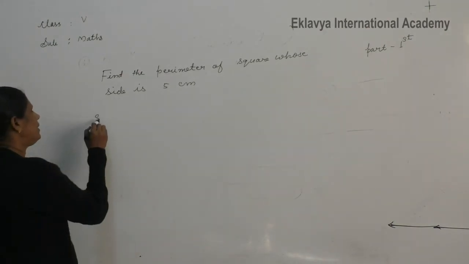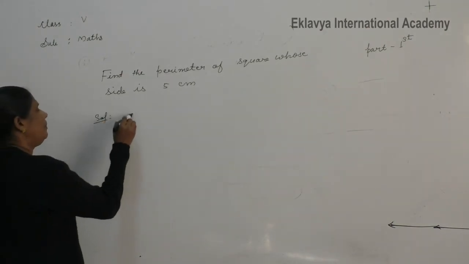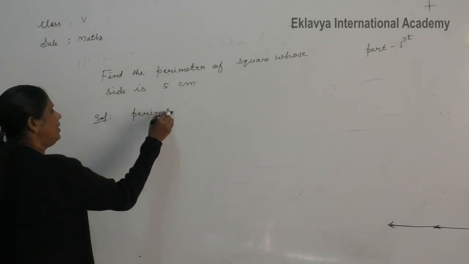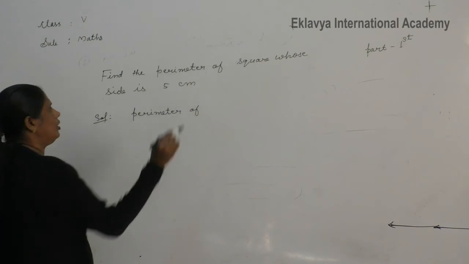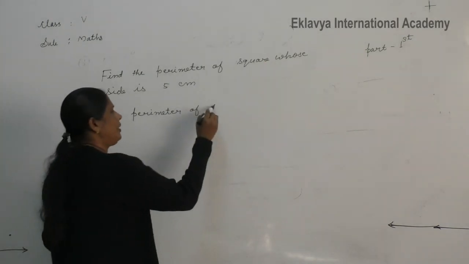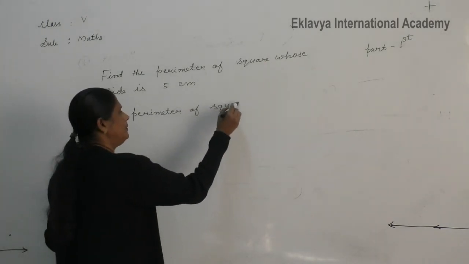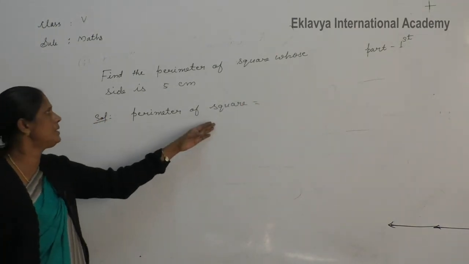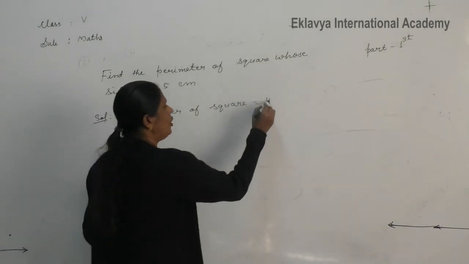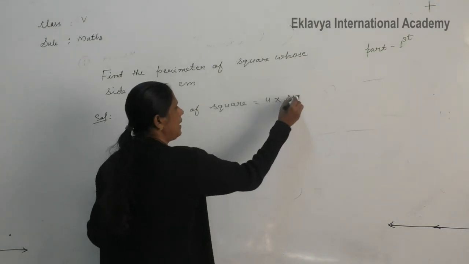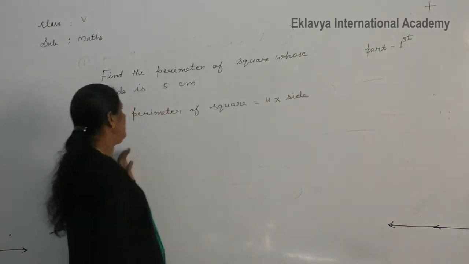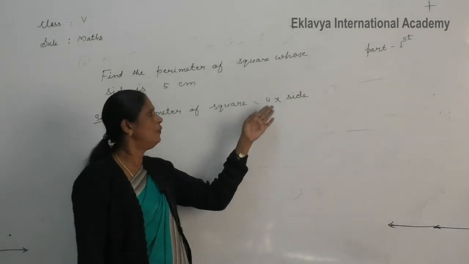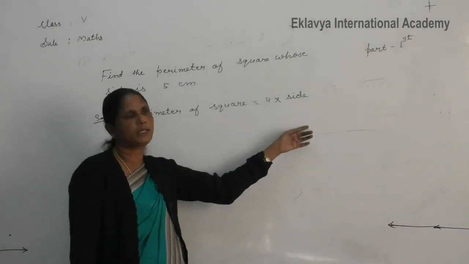First you write the formula. Perimeter of square is equal to 4 multiply side.